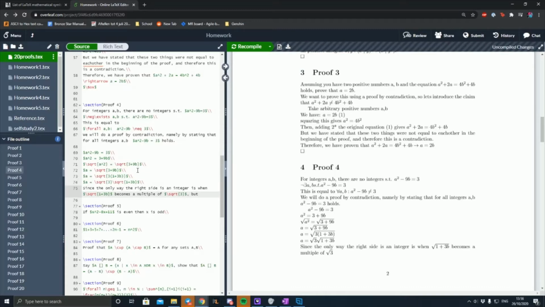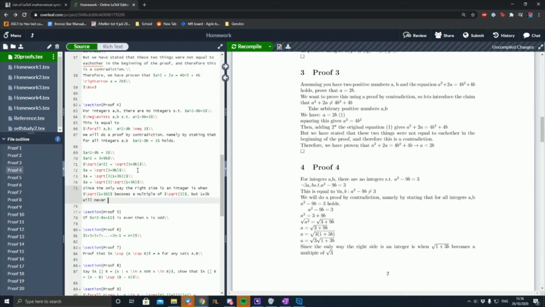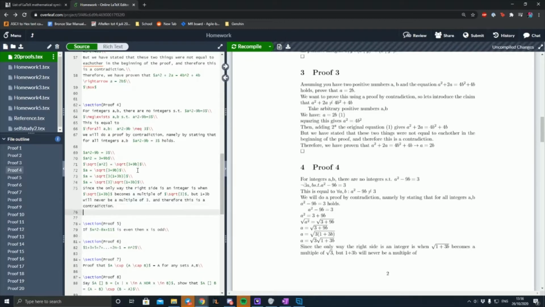But 1 plus 3b will never be a multiple of 3. And therefore this is a contradiction.